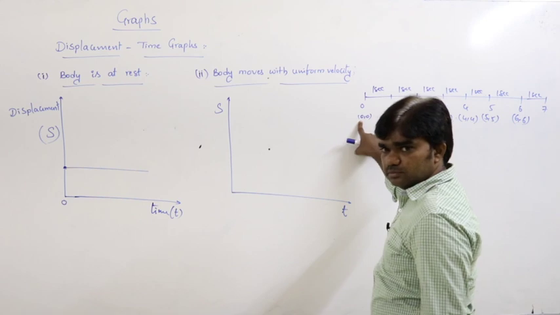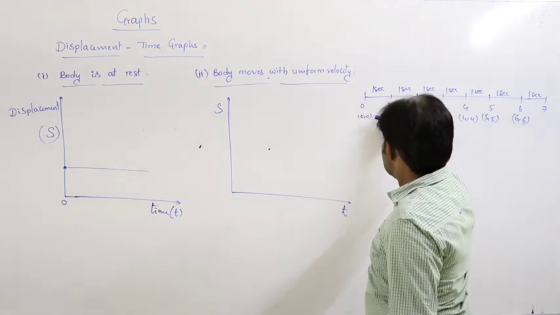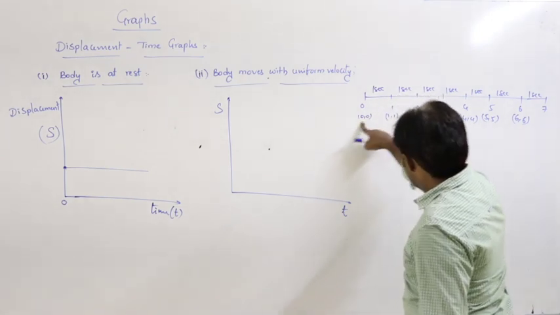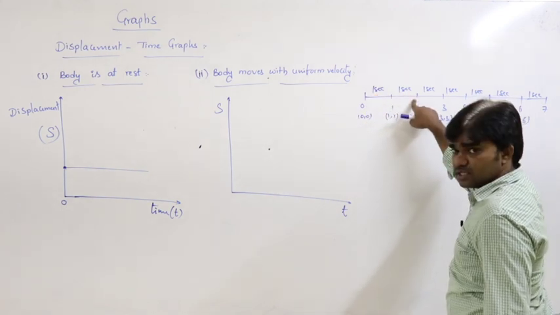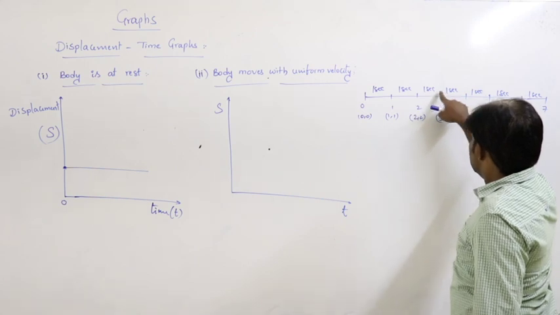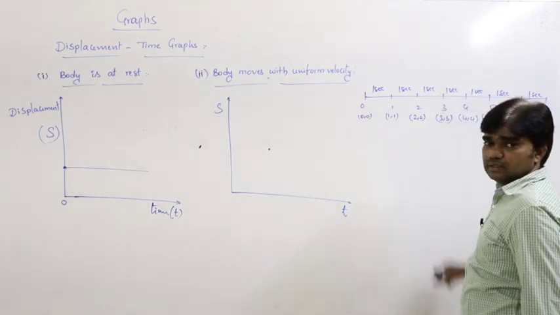Here the time is 0 and the displacement is also 0. From this position to this position, the time is 1 second and the displacement is 1. From here to here, the time is 1 second plus 1 second, 2 seconds, and the displacement is also 2. Next, here the time is 3 seconds and the displacement is also 3, like that.